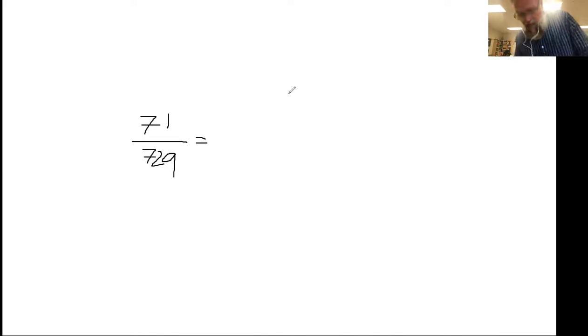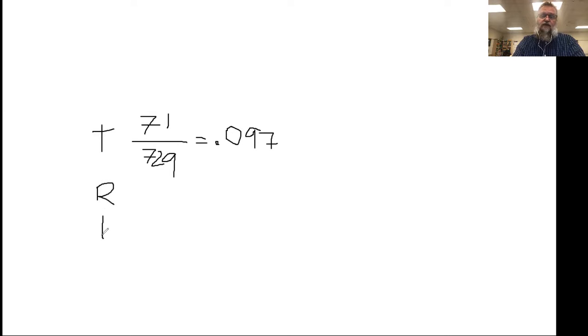So some of you maybe have already done the math instead of waiting for me. 71 divided by 729. That means I'm showing a density of 0.097. We'll go to the nearest thousandth. That's total beans. I can also do the density for red beans, and the density for white beans.